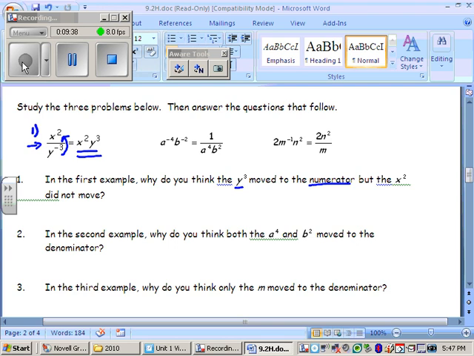So in this first question, the way that you might answer this is that y cubed had a negative exponent, and this is the reason why it was moved.